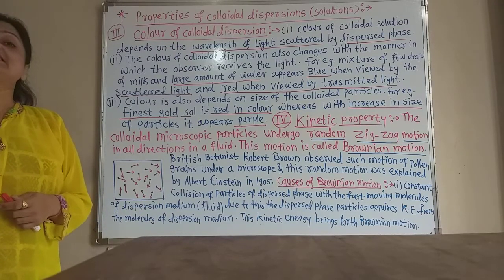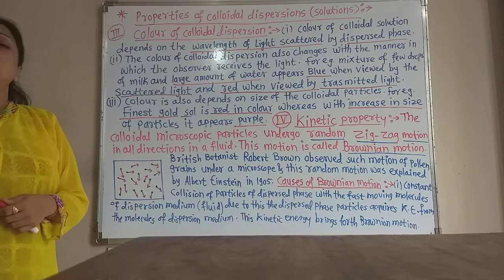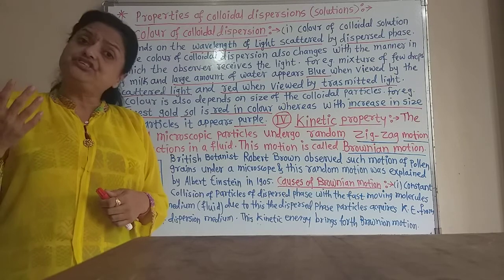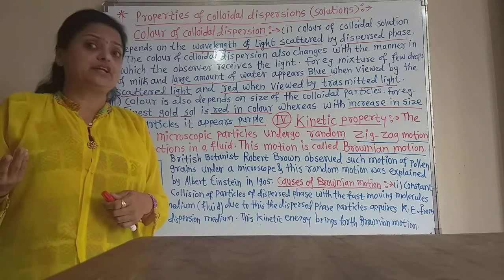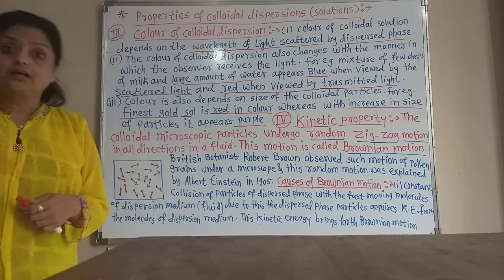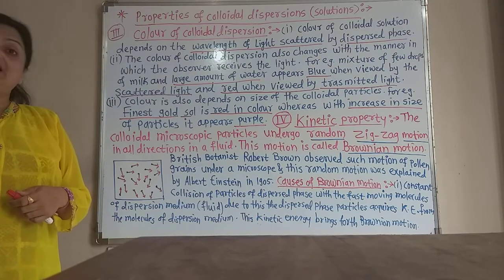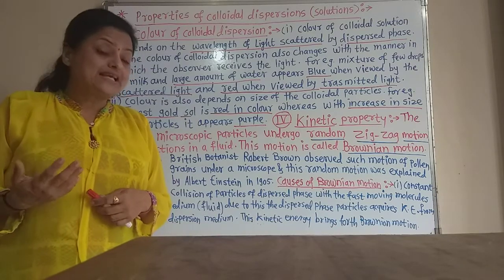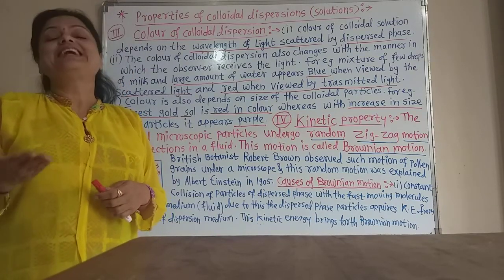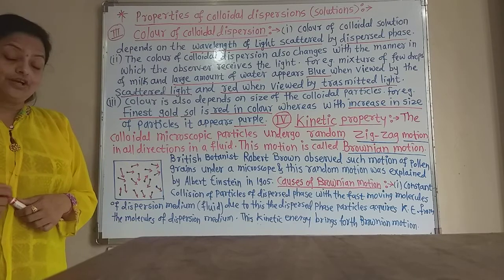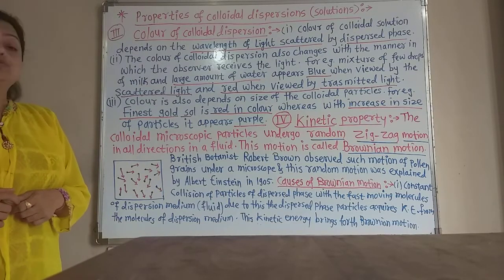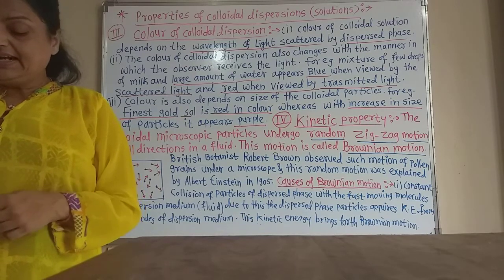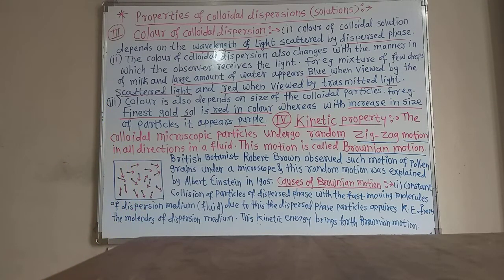The reason is that the dispersed phase particles constantly collide with the molecules of the dispersion medium, which are constantly in motion because they are in fluid form, and due to that the dispersed phase particles acquire kinetic energy from the dispersion medium molecules, and that is the reason there is Brownian motion. Now these are about the color of the colloidal dispersion and kinetic property. Now let us learn the electrical properties of the colloidal dispersions.